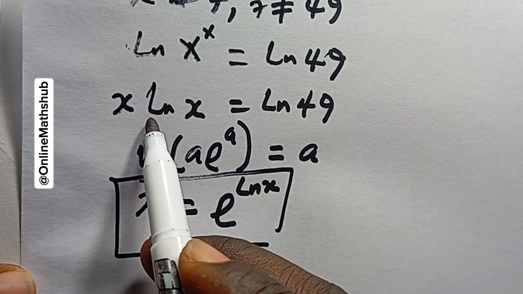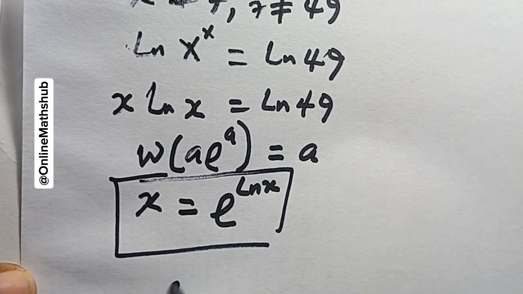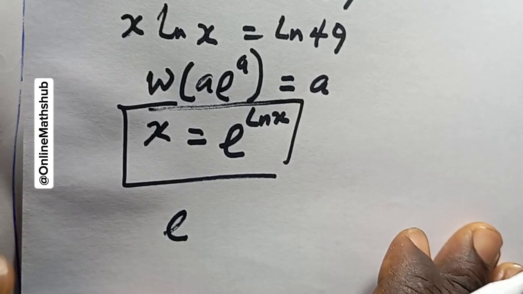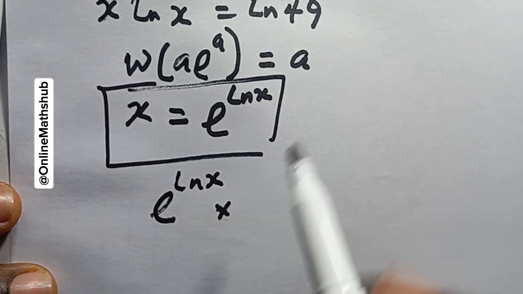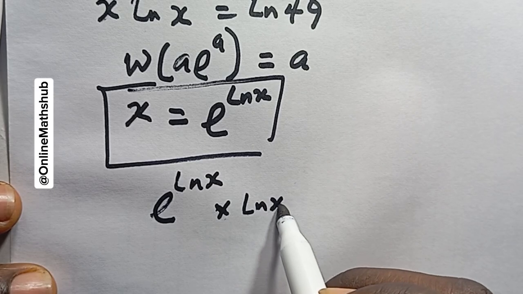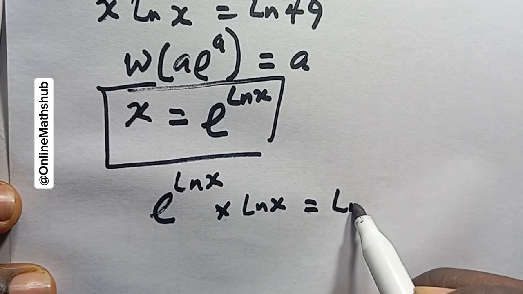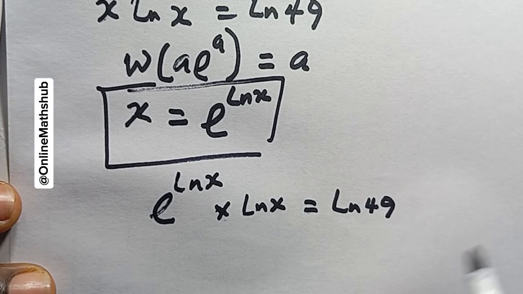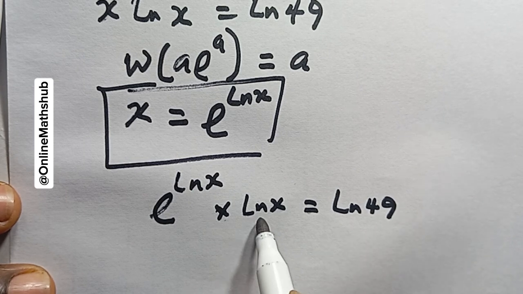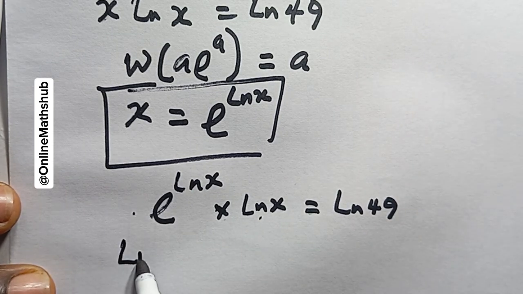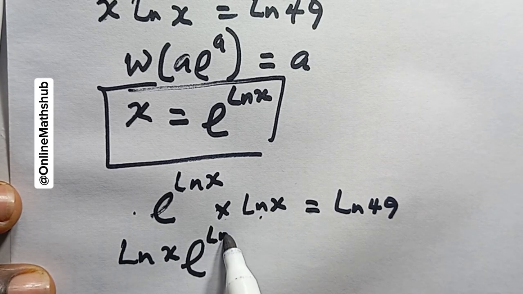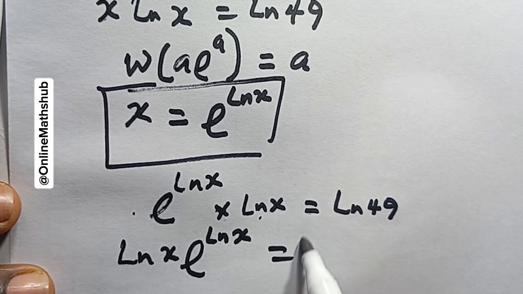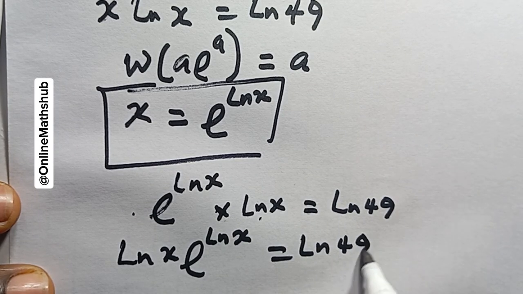Instead of this x right here, I'm going to write exponential natural log of x, and then multiply by this natural log of x right here is equal to the natural log of 49. Since it is multiplication, it is still commutative. Natural log of x times exponential natural log of x is equal to the natural log of 49.